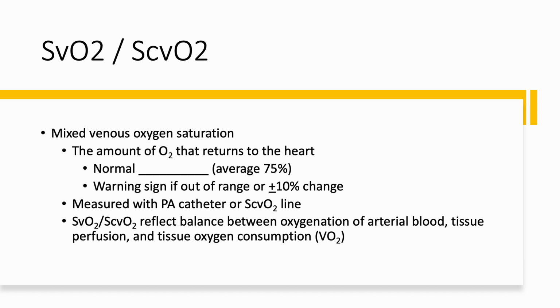It must be a central line. SVO2 and SCVO2 values are used to assess the balance between arterial blood oxygenation, tissue perfusion, and tissue oxygen consumption. SVO2 helps clinicians assess how well oxygenated blood is being utilized by tissues and is particularly valuable in critical cardiac postoperative care patients.